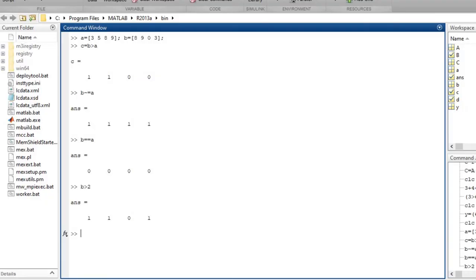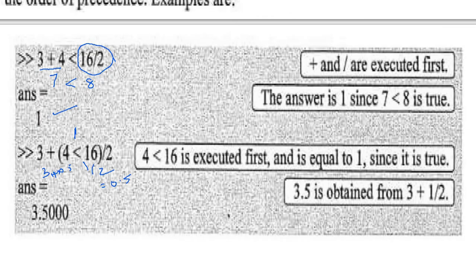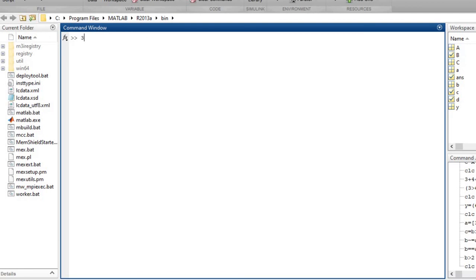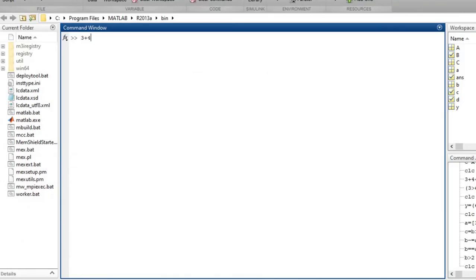Now we're going to check the same thing in MATLAB. The expression 3 plus 4 less than 16 divided by 2, the answer is 1.